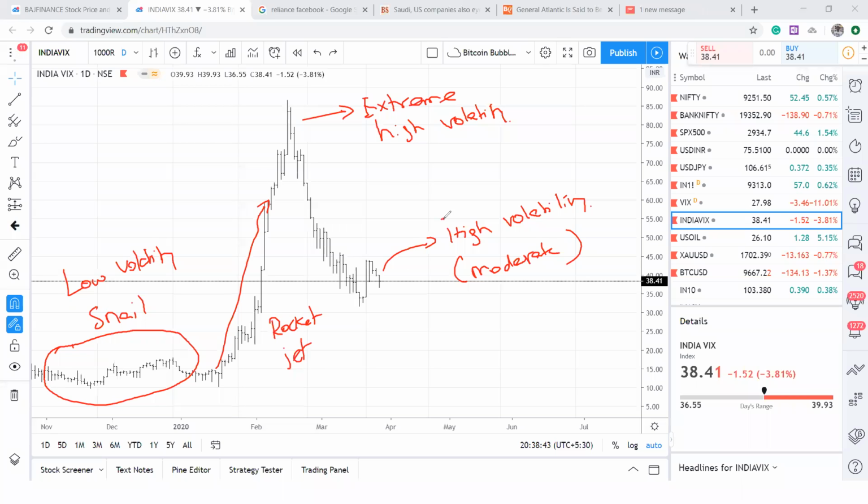Whereas here in moderate volatility, it's neither a snail nor a rocket jet, probably constantly moving like a train. It constantly moves. It doesn't slow down. It doesn't go too fast. It moves like a train at a constant pace. That is the kind of market we are in.